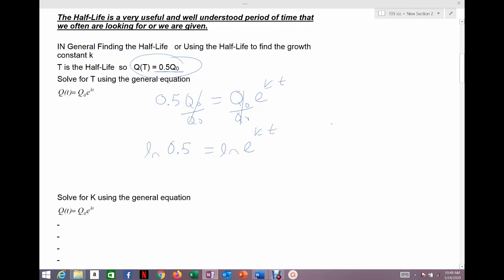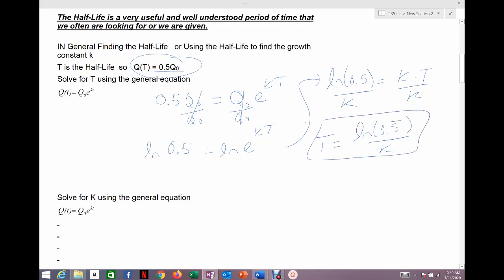Take the natural log, and so I have the natural log of 1/2 equals k times time, and my time, remember, was my half-life, so it's capital T, and then we solve for it, divide by my k, and so my half-life is the natural log of 0.5, 1/2, divided by my growth constant.